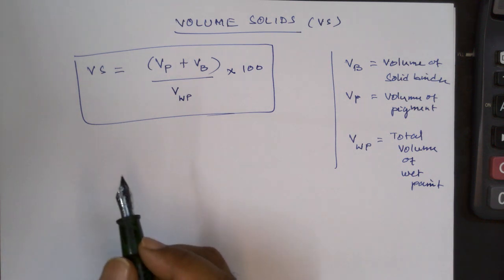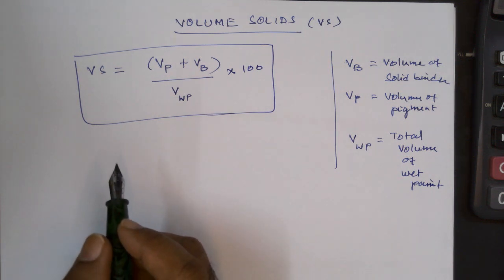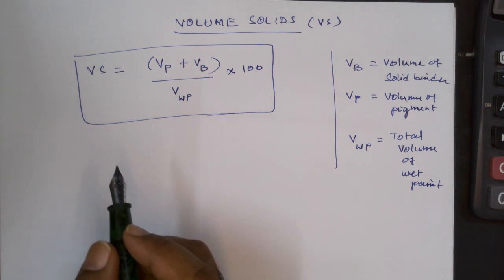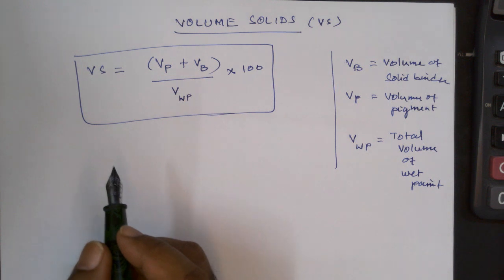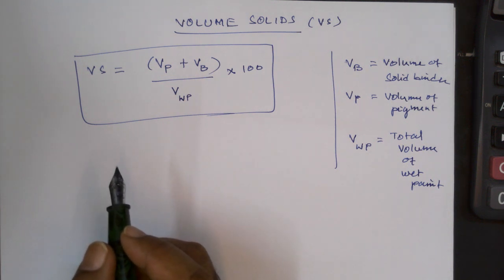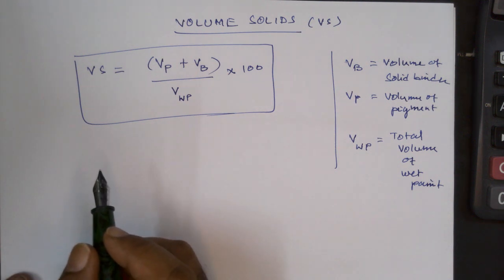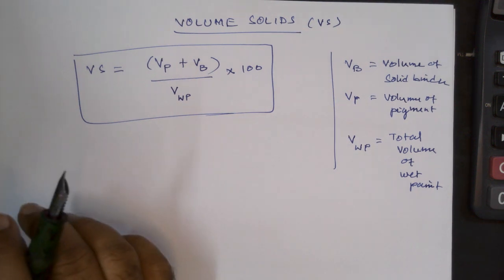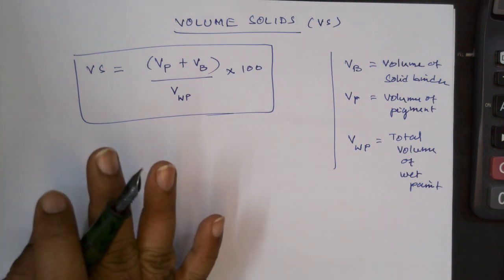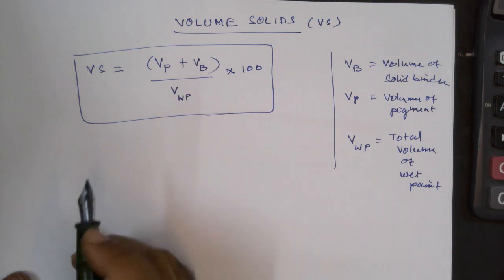Now let us see how to make use of this volume solid. The main benefit of knowing the volume solid of a paint, of course apart from helping to assess the quality, is you can calculate the spreading rate needed to achieve a required dry paint film build.